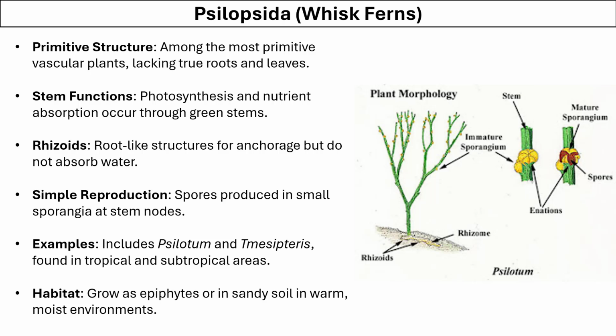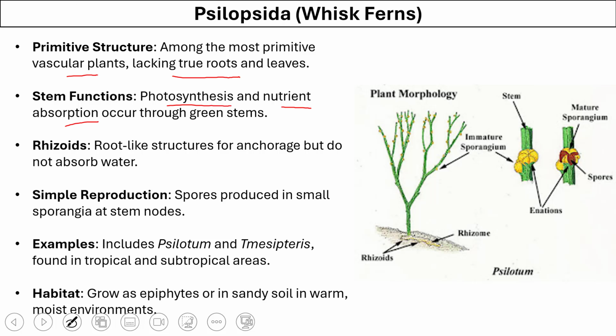Let's have a quick look at the Coelopsida. They are the primitive vascular plants that lack true roots and leaves. They can perform the process of photosynthesis and nutrient absorption through their green stems.